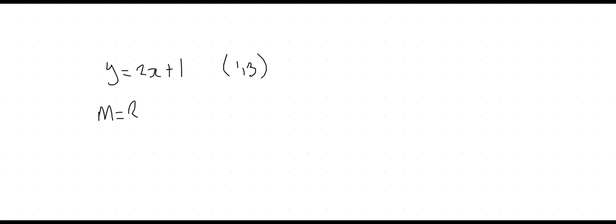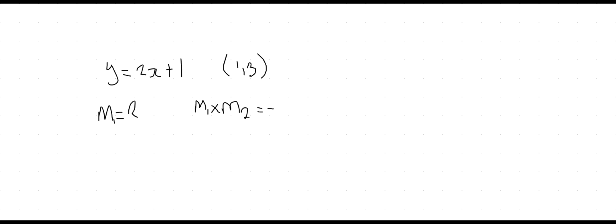And since we're told that the line that we're trying to find the equation for is perpendicular to this line, from our theorem, we know that m1 multiplied by m2 should give us -1.